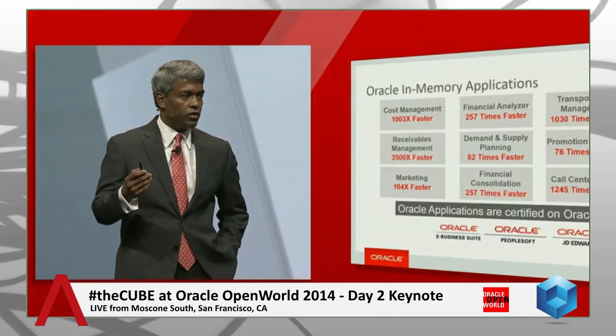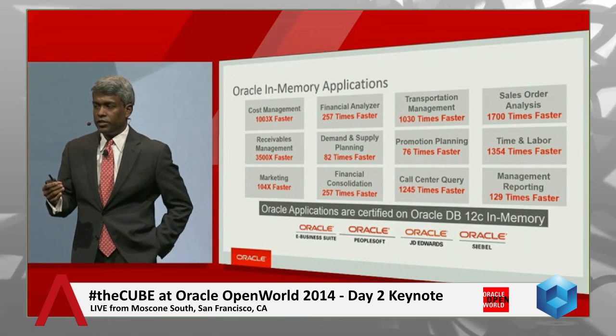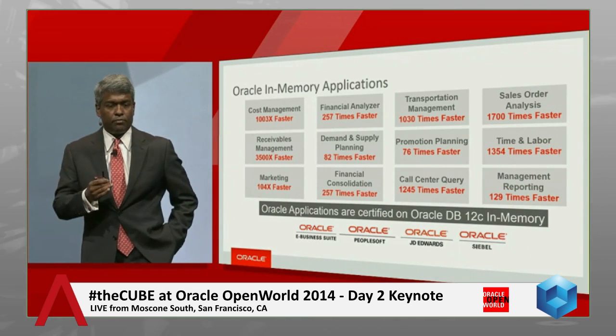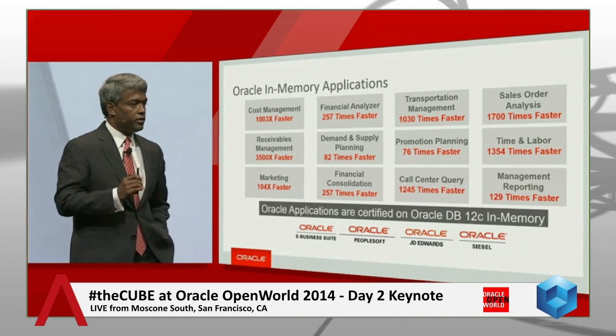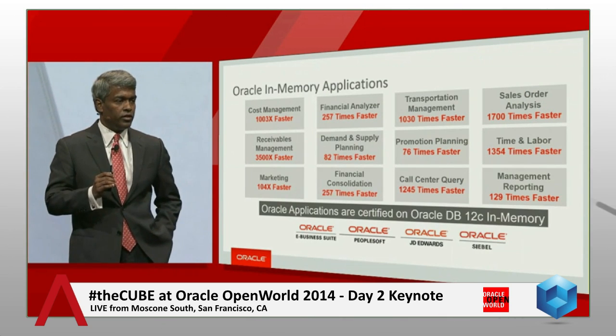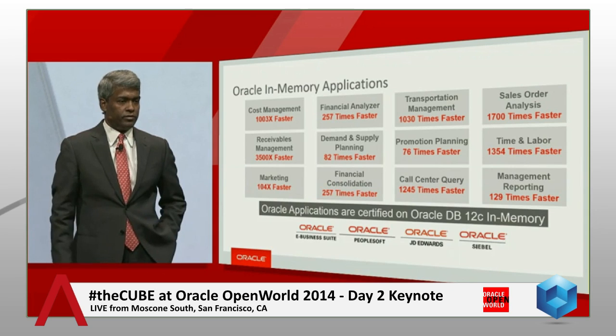Now, for transaction processing, we've certified all of our application suites: eBusiness Suite, PeopleSoft, Fusion, JD Edwards, Siebel, Hyperion. And here are some numbers. Oracle eBusiness Suite cost management goes 1,003 times faster.